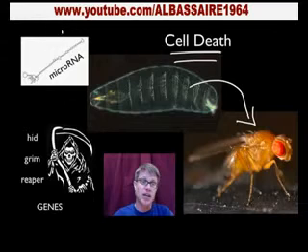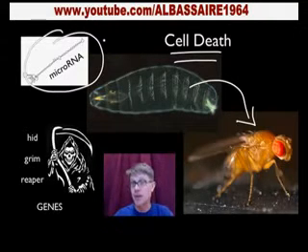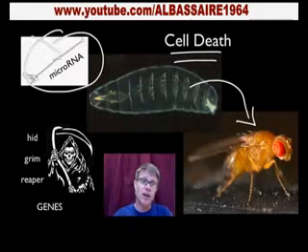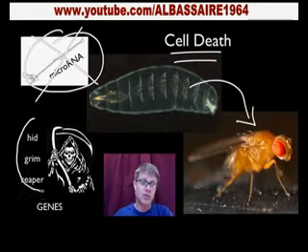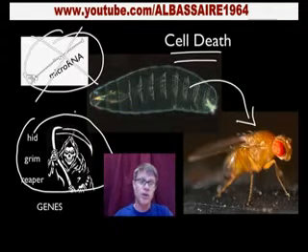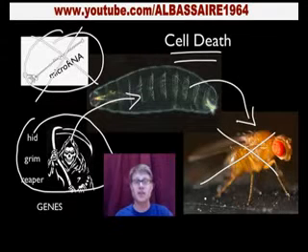Another important thing that I should talk about is microRNA. MicroRNA is going to be a single strand of RNA. It's found in all organisms, and what it does is it actually disrupts RNA, so it can't actually make proteins. And so what scientists found is that if we disrupted the RNA in Drosophila, in other words, we got rid of the microRNA, the HID, the GRIM, and the Reaper genes went crazy, and they took this embryo and turned it from something that was eventually going to turn into a fly and turned it into something that was nothing, it died.